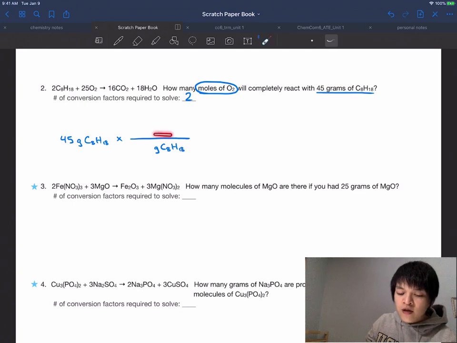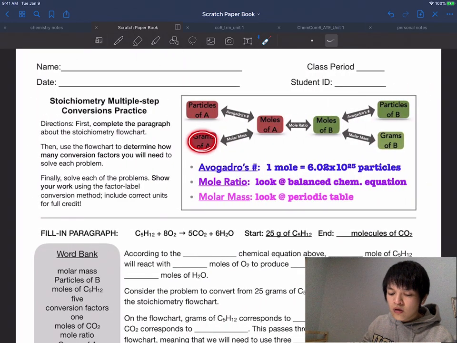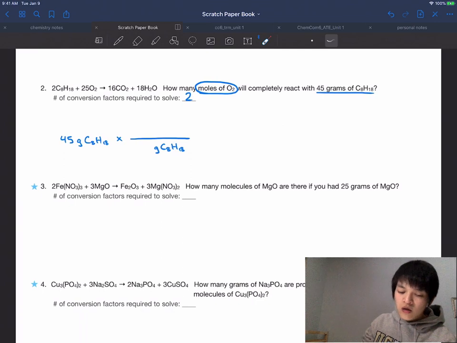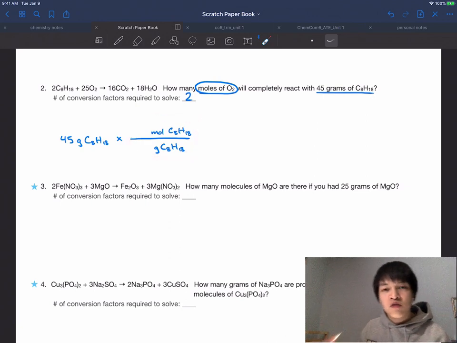The unit that we're trying to convert to in our first conversion factor is moles of our first substance, C8H18.